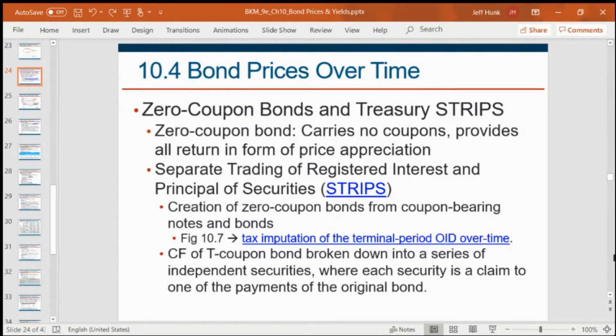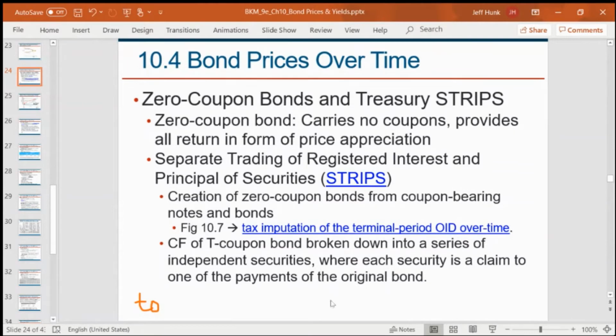If you're at time zero, there must be a present value of this $1,000 at time zero.